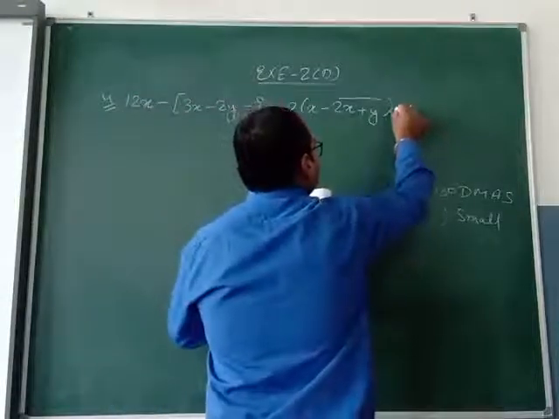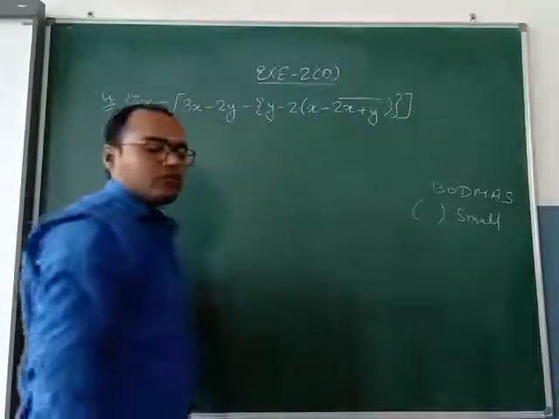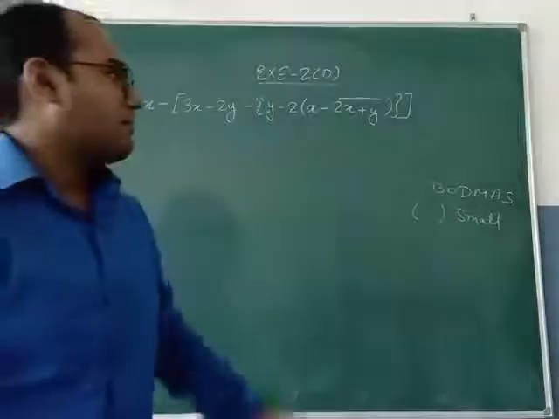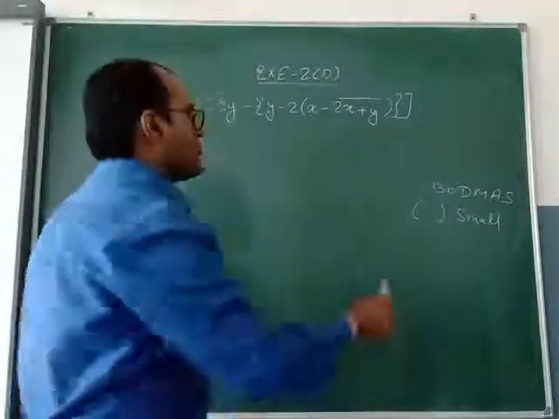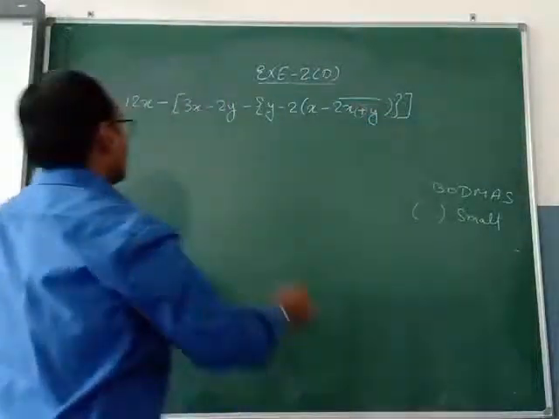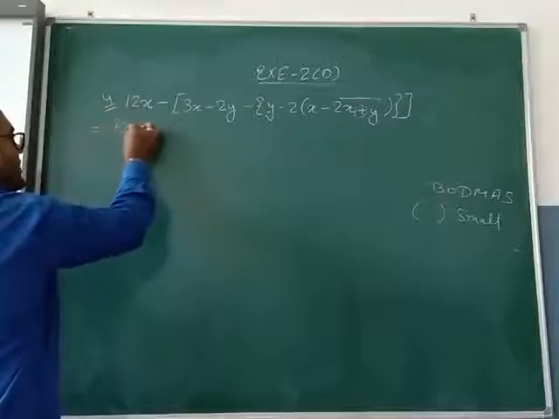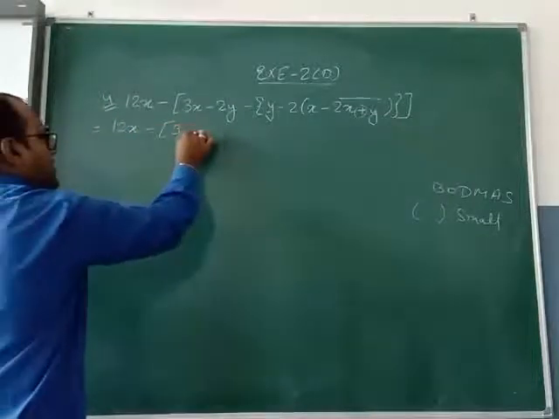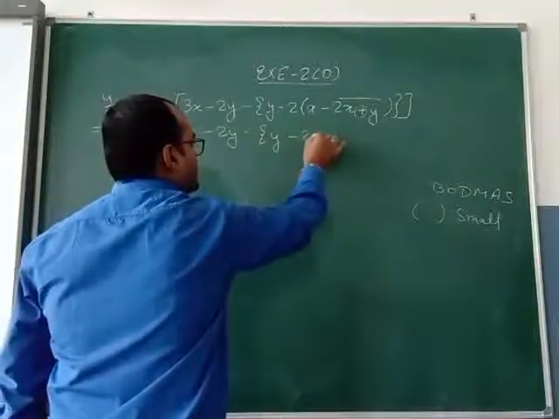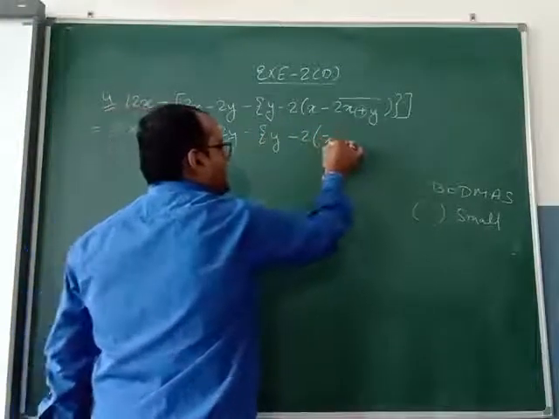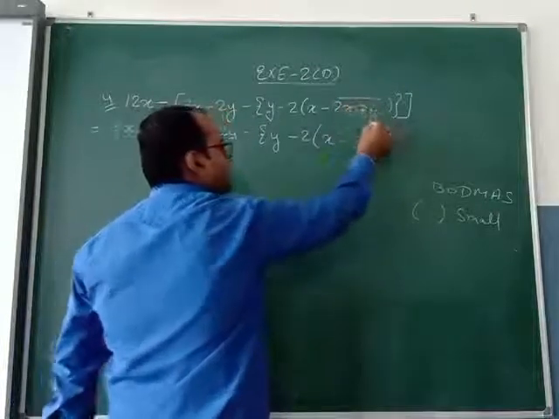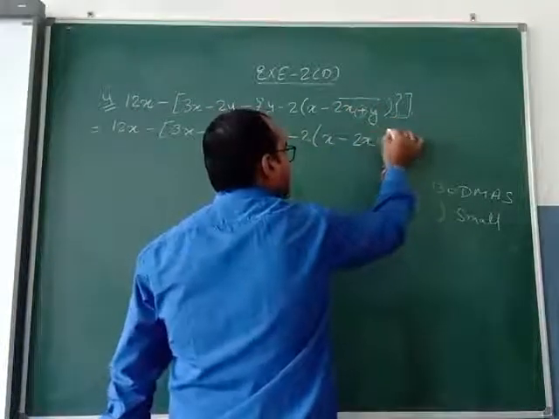Now the bracket closes. First of all we will not use BODMAS; first we have to solve this bar. We will remove the bar. In order to remove the bar we have to change the sign of the terms under the bar, and the rest of the things we write as it is. 12x minus [ 3x minus 2y minus { y minus 2 ( x minus 2x minus y ) } ]. In place of plus we take minus y.